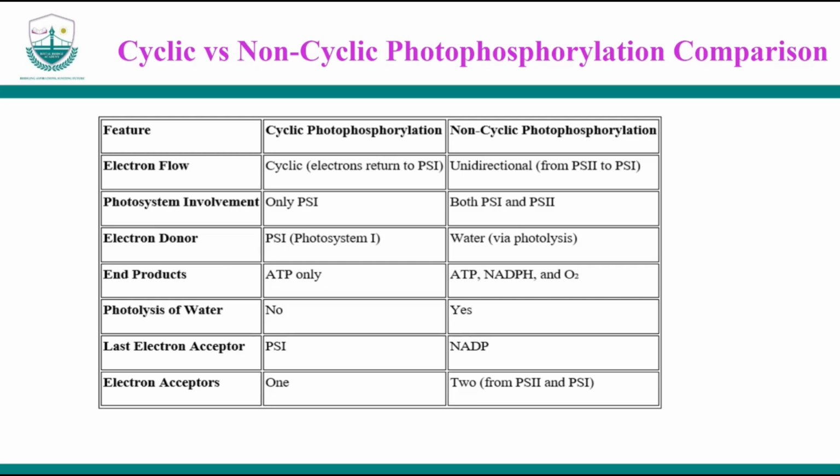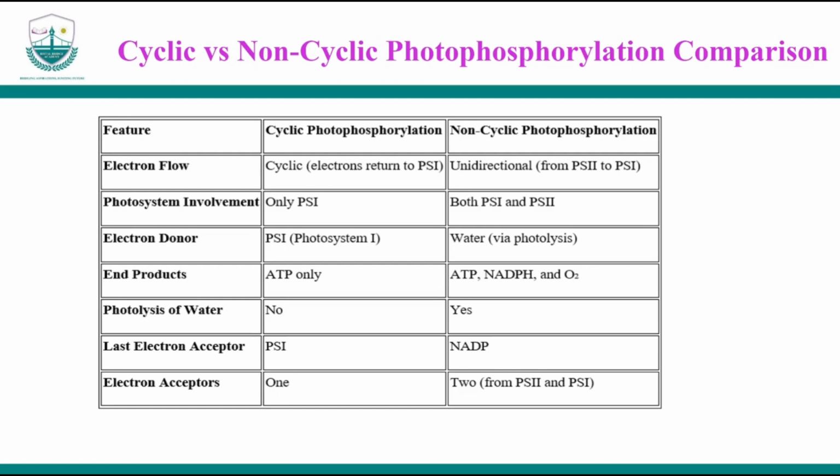So with non-cyclic phosphorylation, the final acceptor of electrons is NADP, forming the reduced form of NADP. And with cyclic phosphorylation, photosystem 1 is the last electron acceptor.